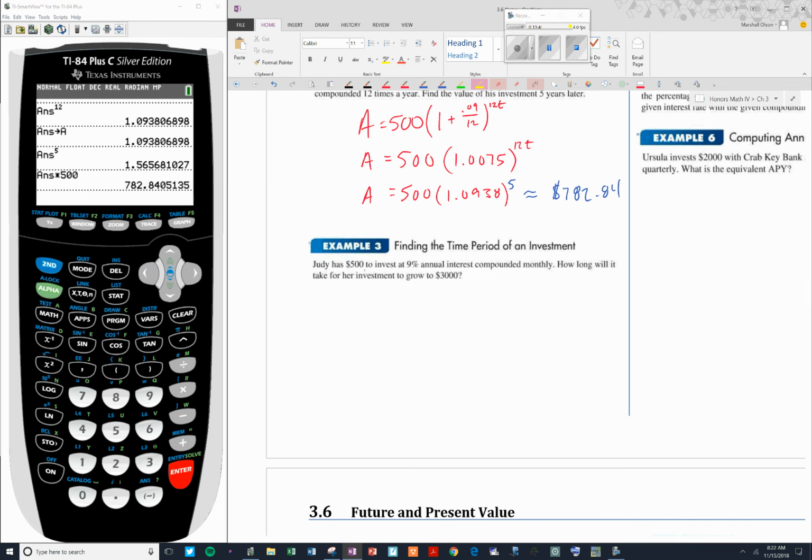All right, so now we're going to have $500 invested at 9% compounded monthly again, which we just found out before would give us that. If you want to start out by writing this, you can.